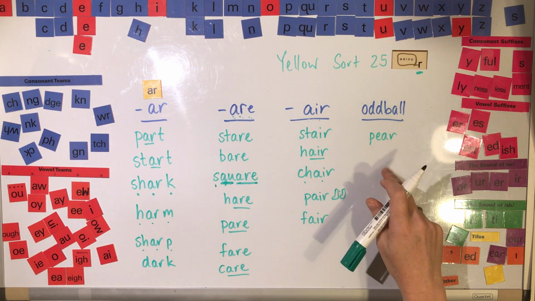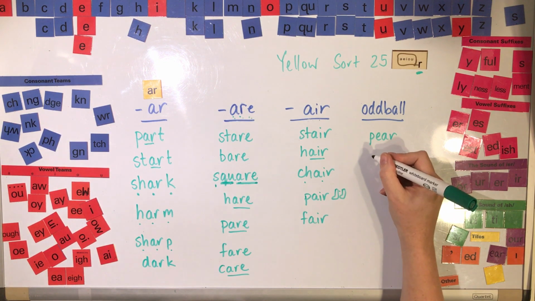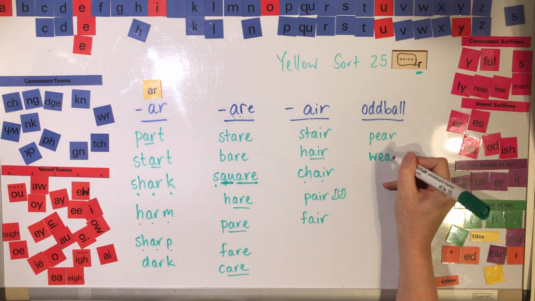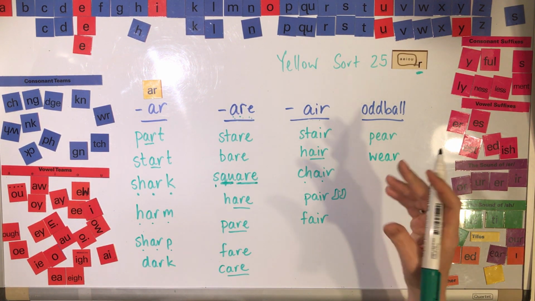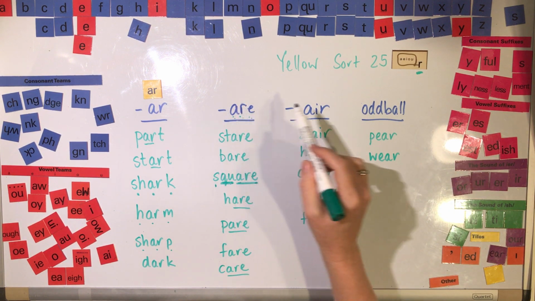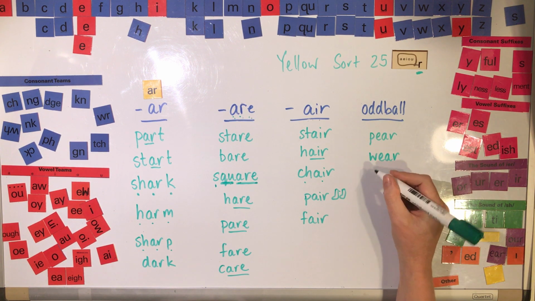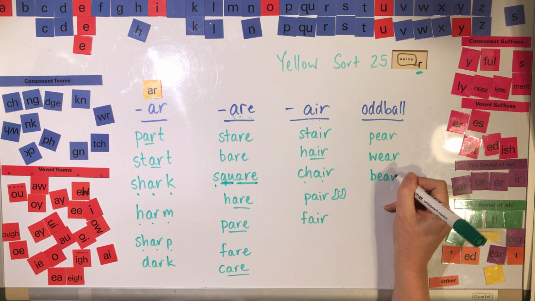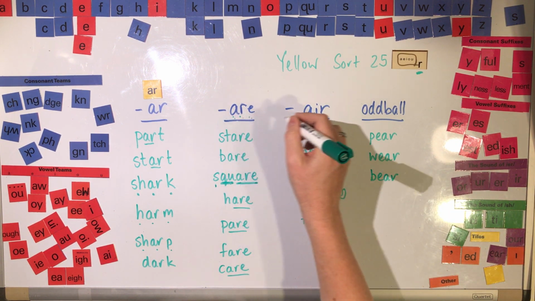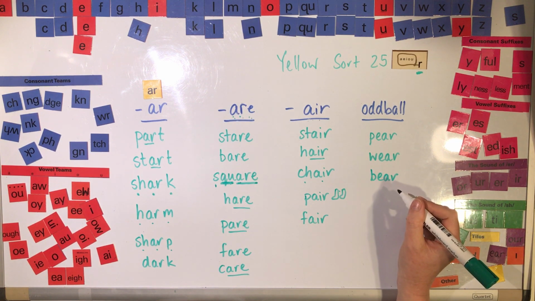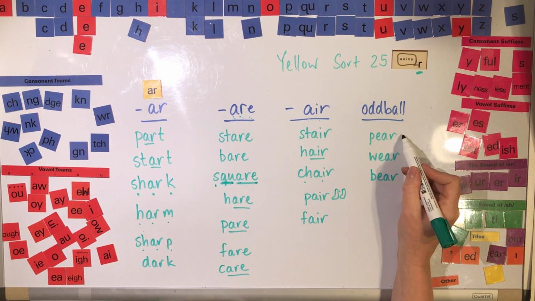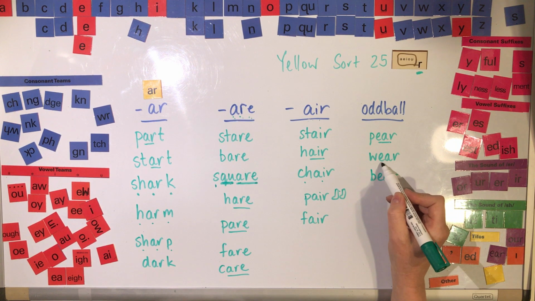And we've got a few more oddballs over here. We've got where. Now that's making the air sound, but we're not using A-R-E or A-I-R. So that's why it's going in oddball. We've got bear, like the animal, bear. That is not A-I-R or A-R-E, but it's over here. And can you see a pattern here? Hopefully you can.